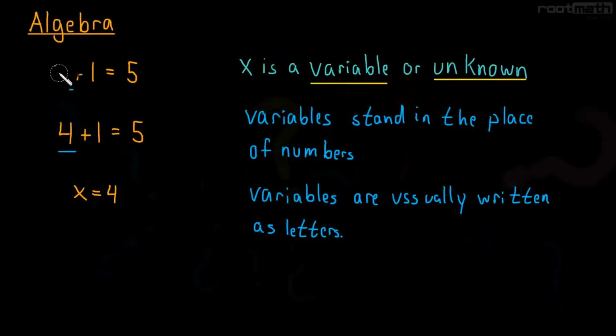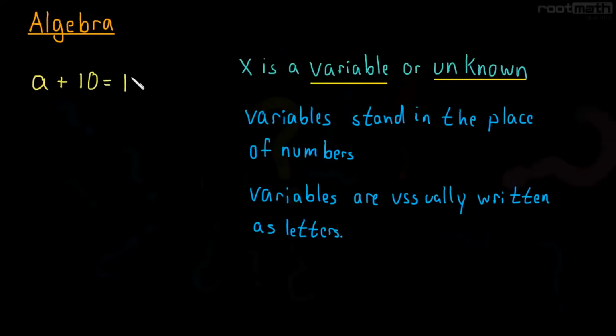And in fact, let's see another example of an equation with a variable. So how about a plus 10 equals 12? So what has to go in for a? What does a stand in the place of?